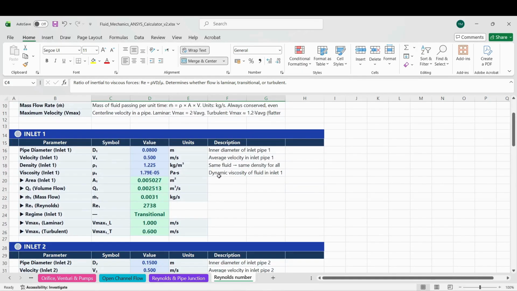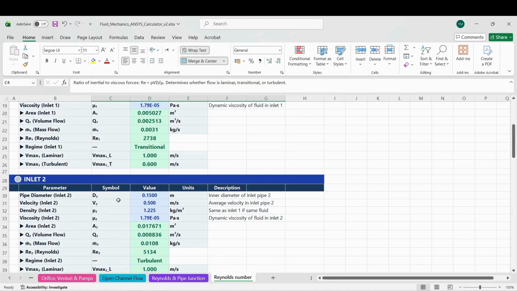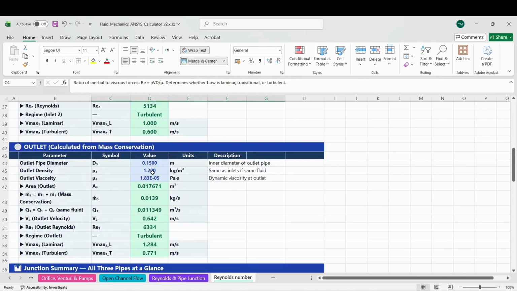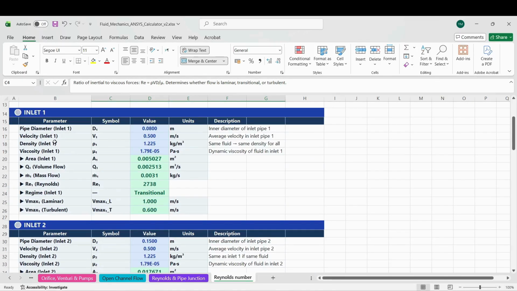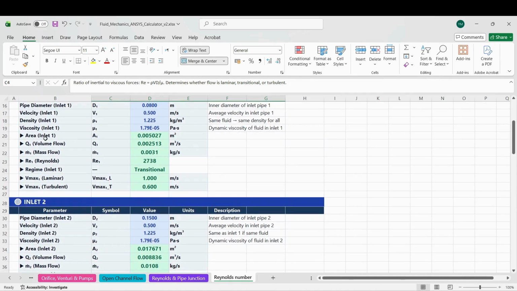So I put the details here, the values for inlet 1, inlet 2, and the outlet, and I put the diameter, velocity, density, and viscosity. Then I calculated the area.